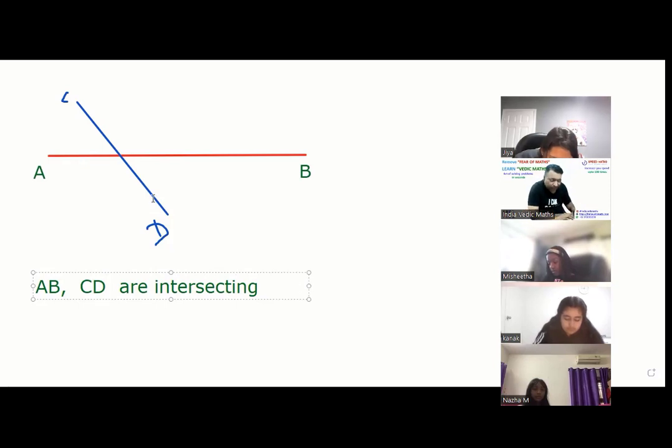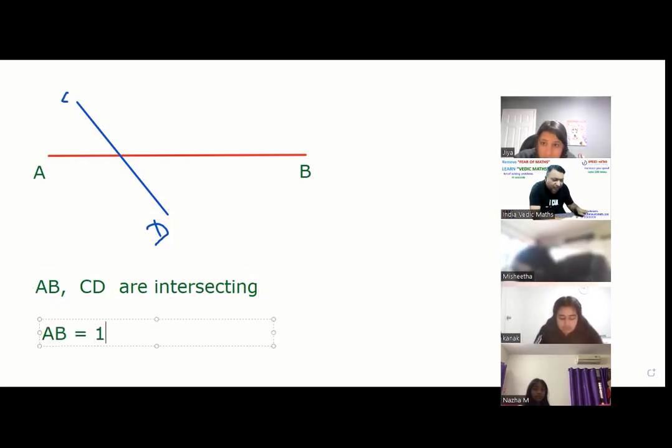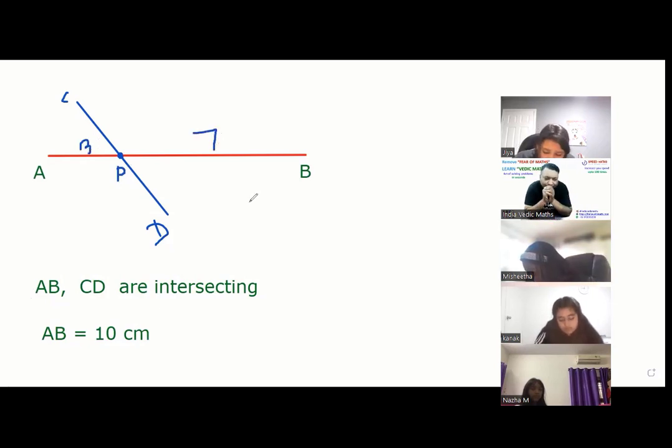Suppose AB is 10 centimeter and it was cutting here, say at point P, and this is 3 centimeter, this is 7 centimeter. Are they equal? No, not equal. So it is just an intersection.